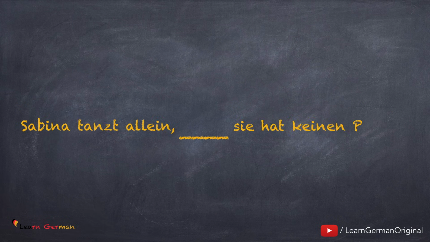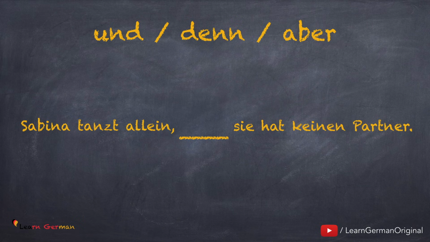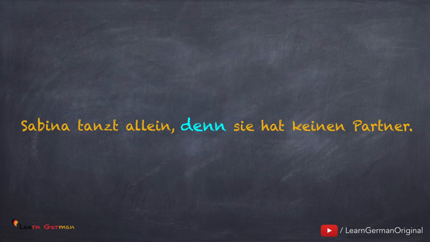Very good. Now try to do the second one. And the answer is Sabina tanzt allein, denn sie hat keinen Partner.